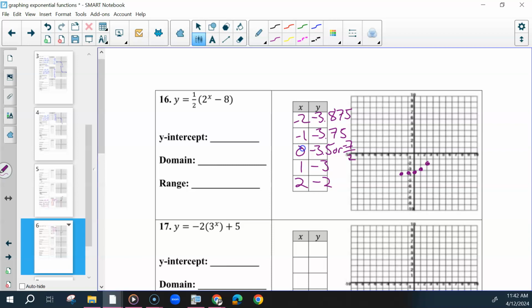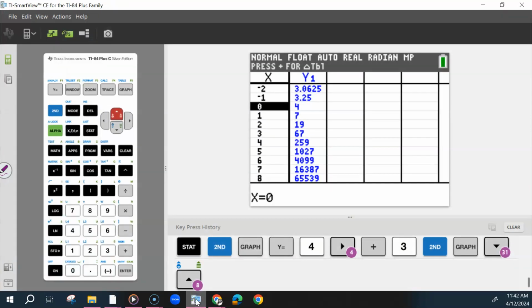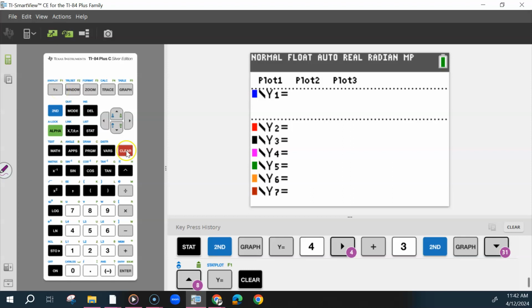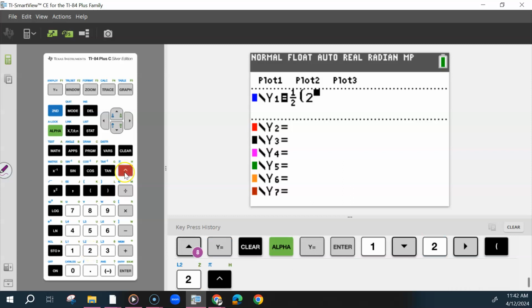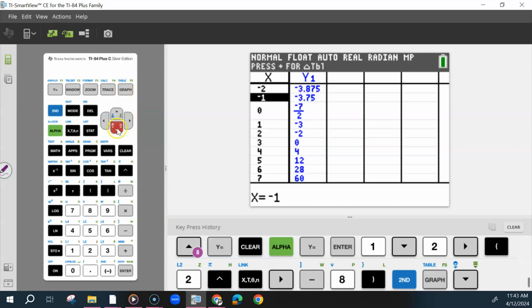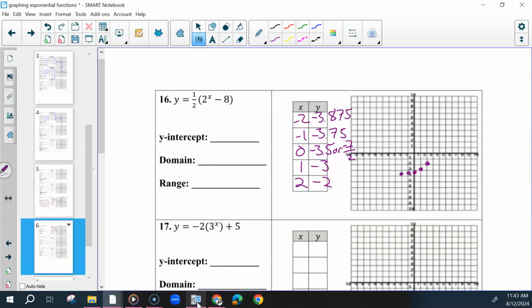If you want to include more points, I probably should have put this in here. What is it? 2 to the x. You could put in 3, 0 and 4, 4, 5, 12 if you want, just to have more points to graph. Don't have to do this, but just so you can see that curve.